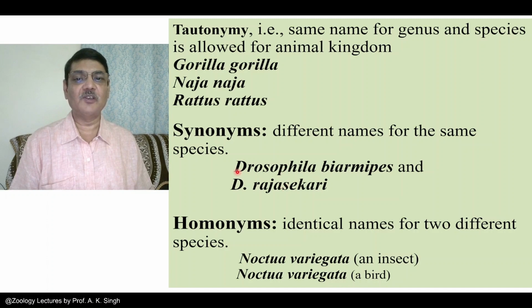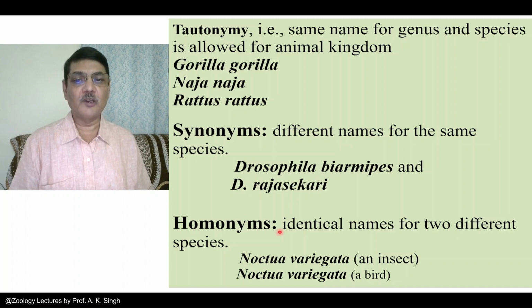Actually, the real species is Drosophila byrampis, but some people name it as Drosophila rajashekari, which is actually the synonym of the first one. So one should consider a single one as the real species. Drosophila byrampis was reported for the first time and named as byrampis. So this is the actual species. Now this one is the synonym.